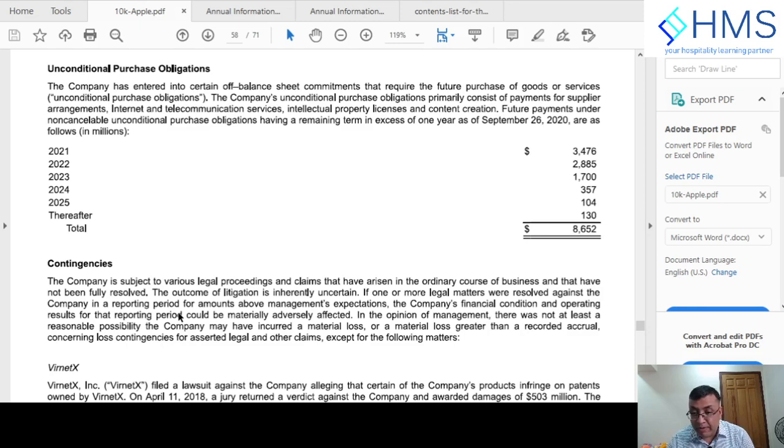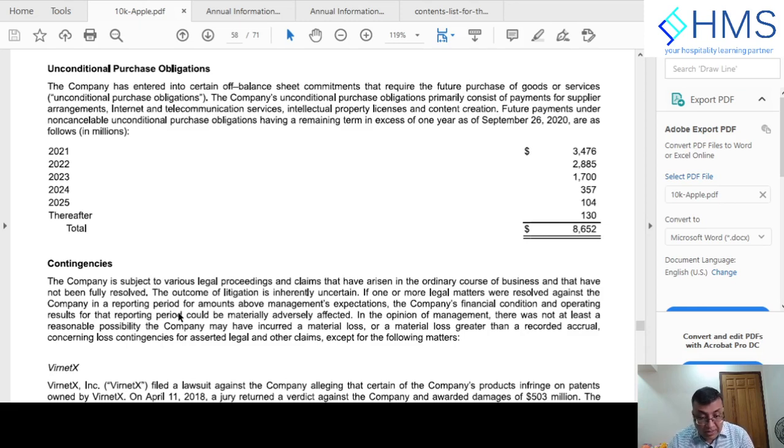The future payments total about $8.6 billion, which will be coming in 2021, 22, 23. So usually when you are doing a fair value of the company, you may have to use this amount to reduce from the future cash flows, so that you are not overvaluing the cash flows. That's a very important aspect to remember.